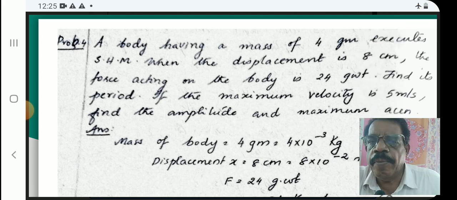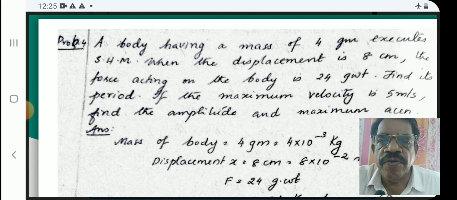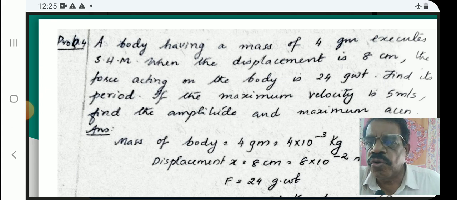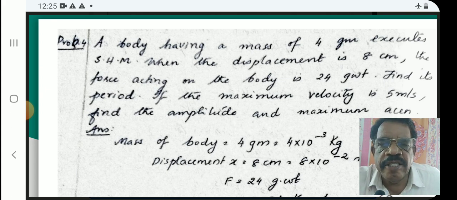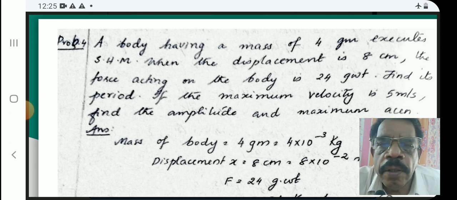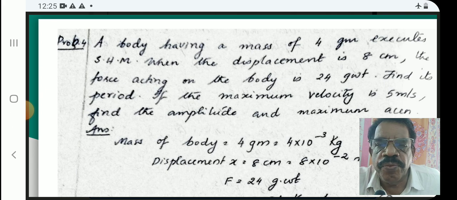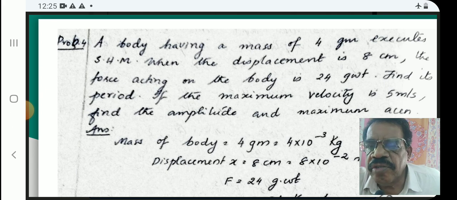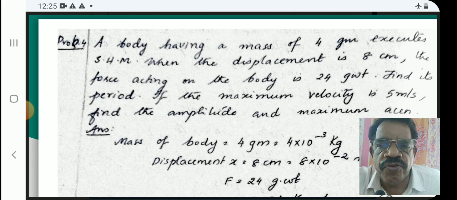Next problem: a body having a mass of 4 gram executes SHM. When the displacement is 8 centimeter, the force acting on the body is 24 gram weight. Find its period if the maximum velocity is 5 meter per second. Find the amplitude and maximum acceleration.